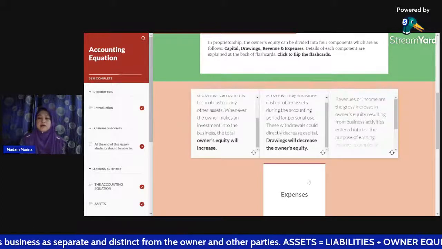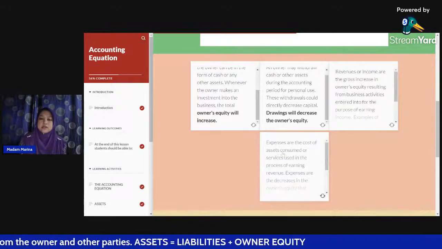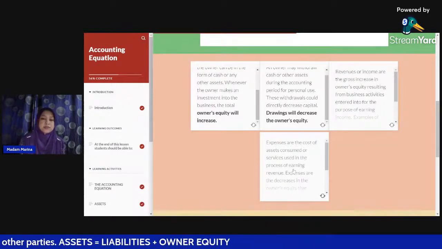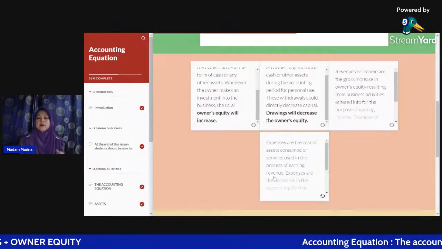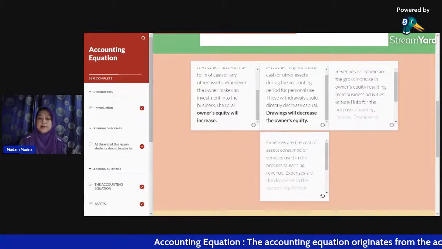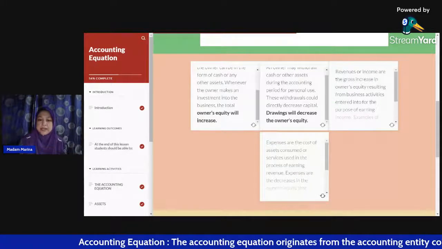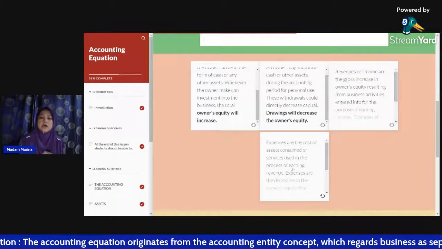How about the expenses? Expenses are the cost of assets consumed or services used in the process of earning revenue. Whatever we paid, that's what we call expenses, but the paid amount is for the process of earning revenue.